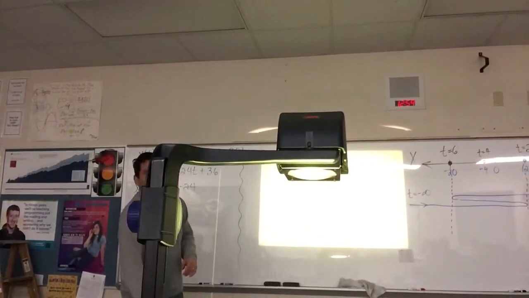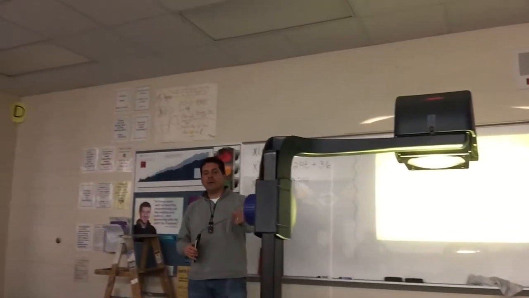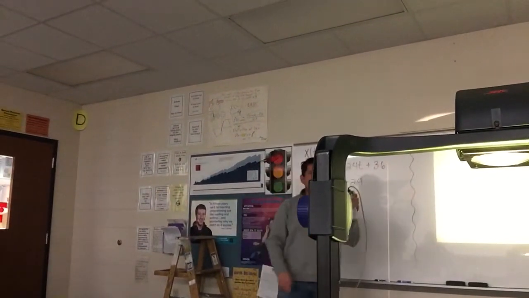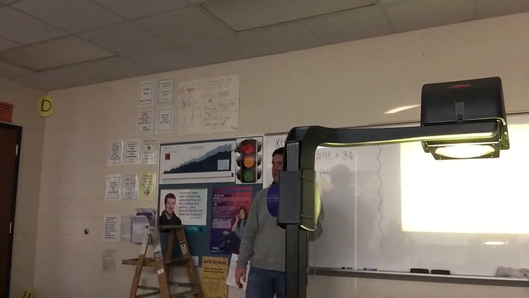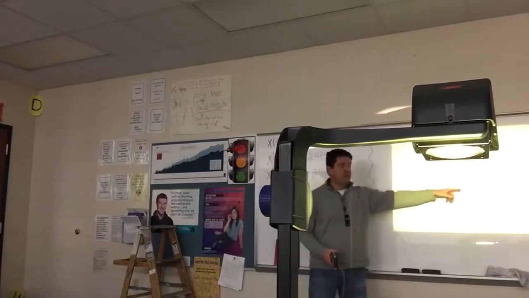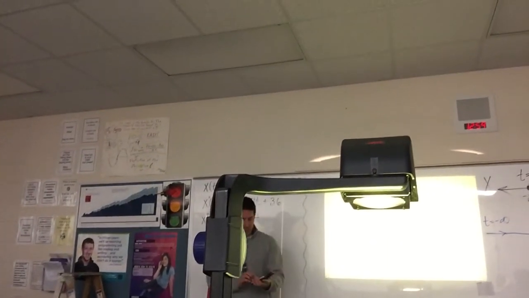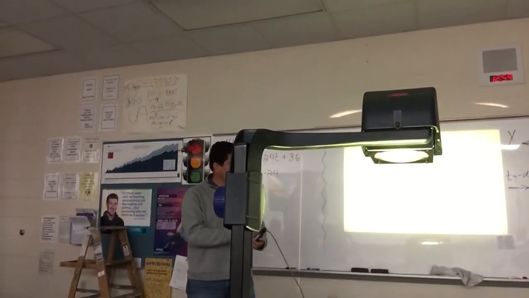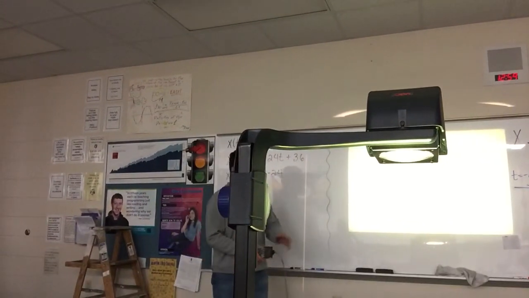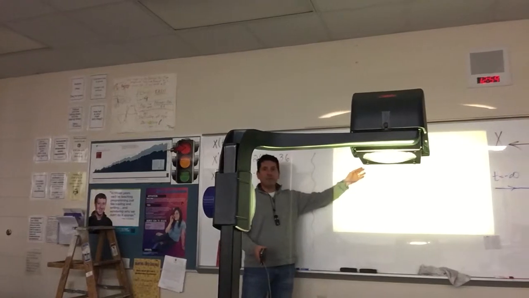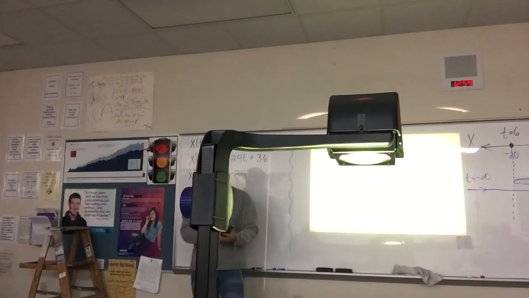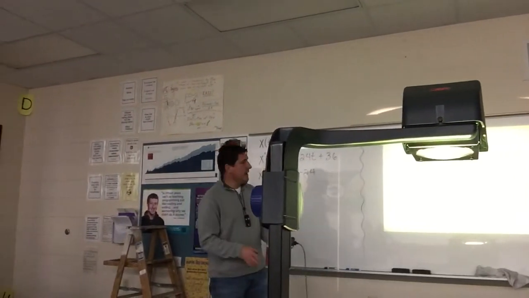Okay? Now, I want us to use our calculator to see if you can make the connection between what it looks like on the calculator and what the path is looking like right here. So go back to your calculator, go back to your y equals, and let's graph the position and see what happens.